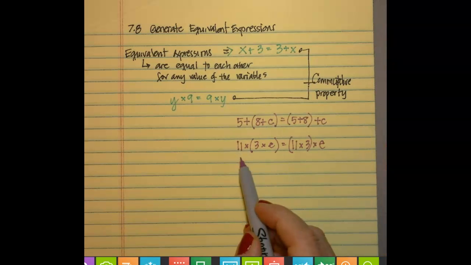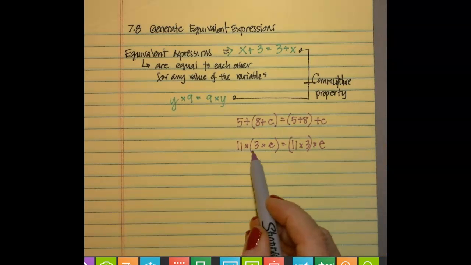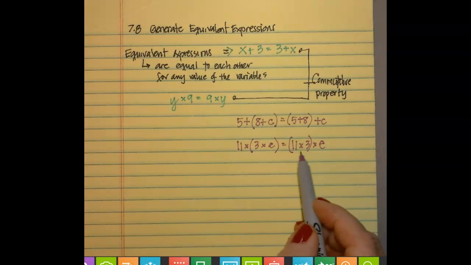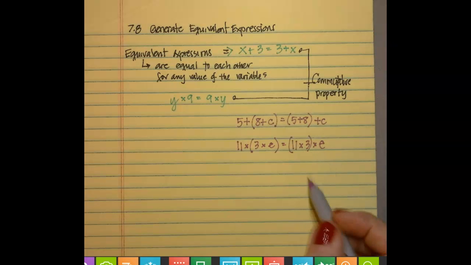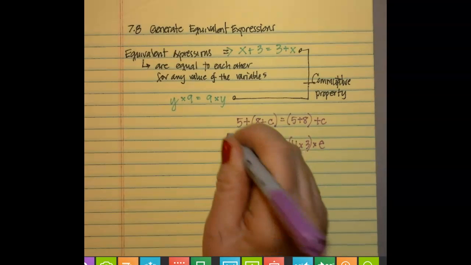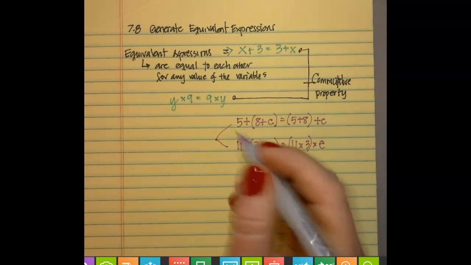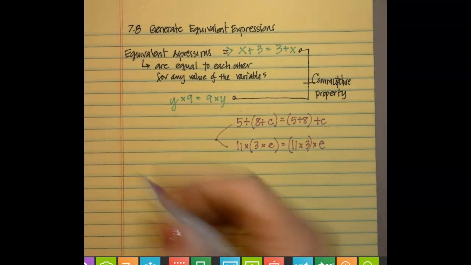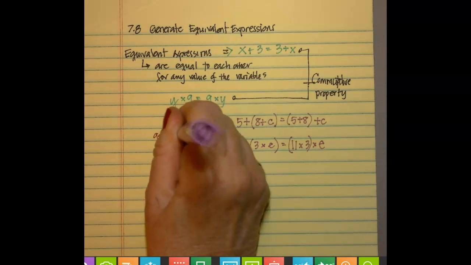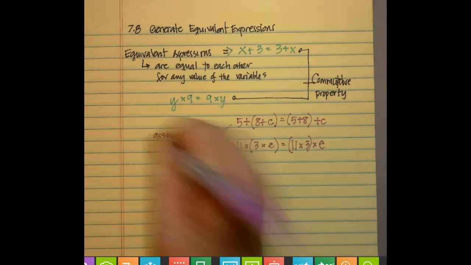And this is another one: 11 times 3 times e equals 11 times 3 in the parentheses times e. I call it bringing them together, you're having them associate with each other inside the parentheses. Anyhow, that's the associative property. That's what an English major makes sense of math.